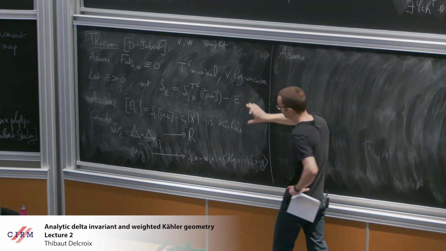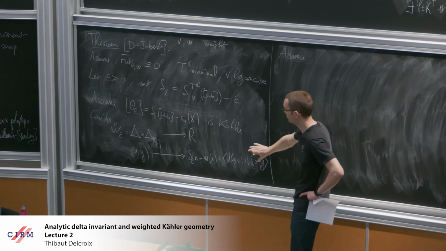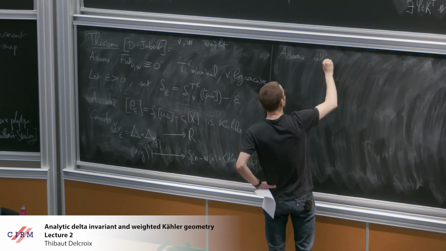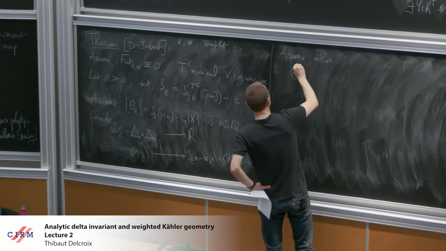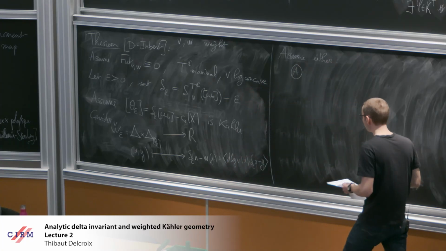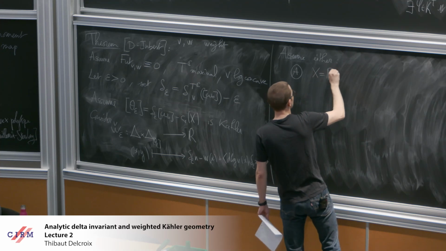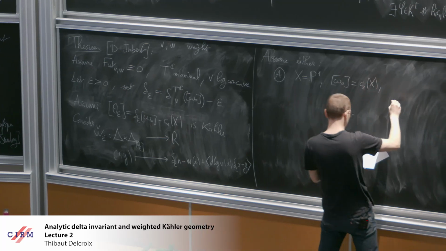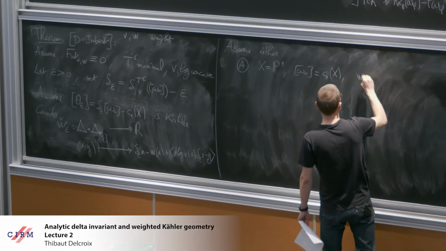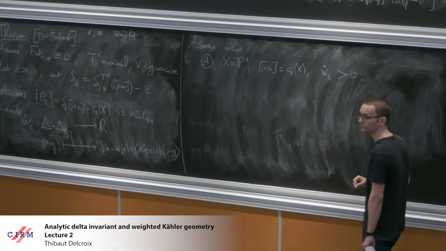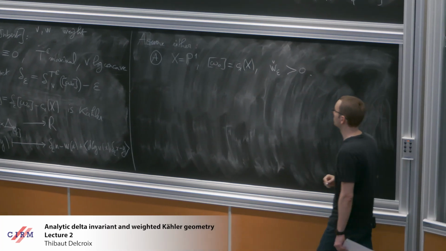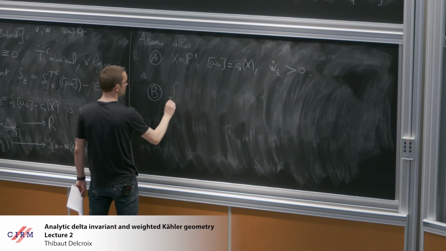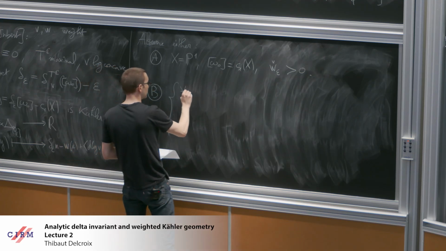Then that's not all. I still have assumptions to add. So in terms of this function here, there are two situations. First one is X equal to P1, omega 0 equal to c1(X), and this function is strictly positive. Or second set of assumptions, less nice.